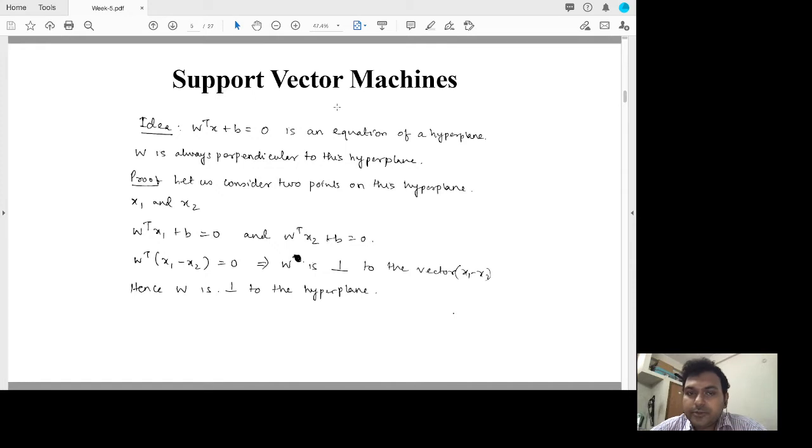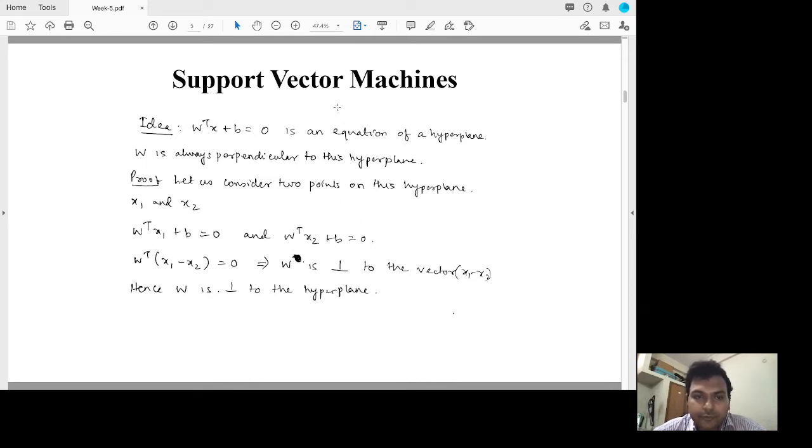A hyperplane in 2D would be a line, in 3D would be a 2-dimensional plane, and so on. The shape of the hyperplane doesn't matter to you right now. What matters is that W is always perpendicular to this hyperplane. So how can you say that?